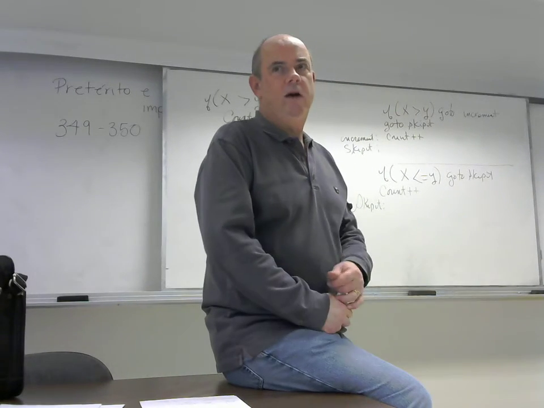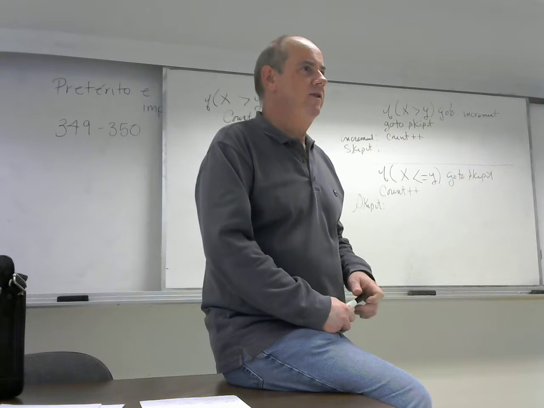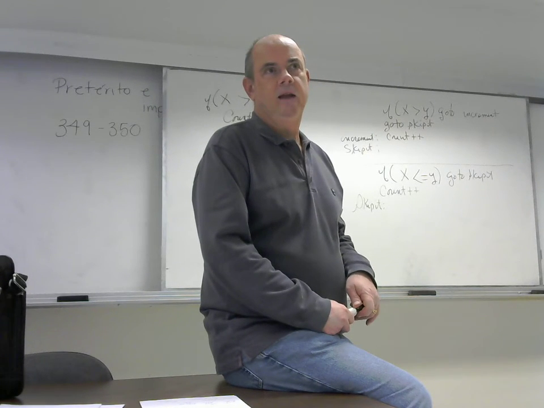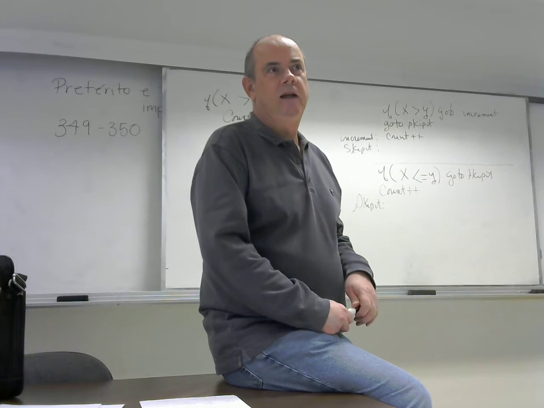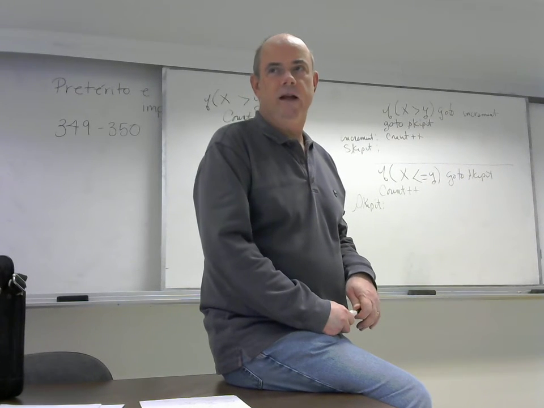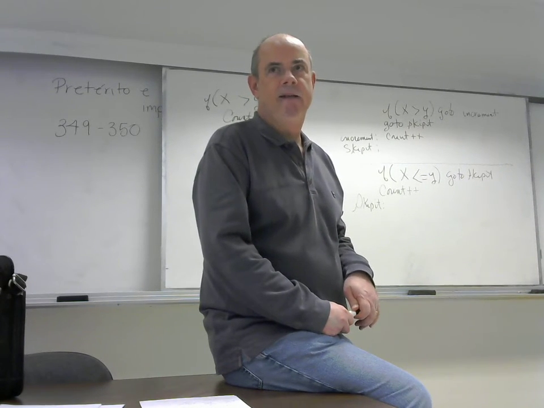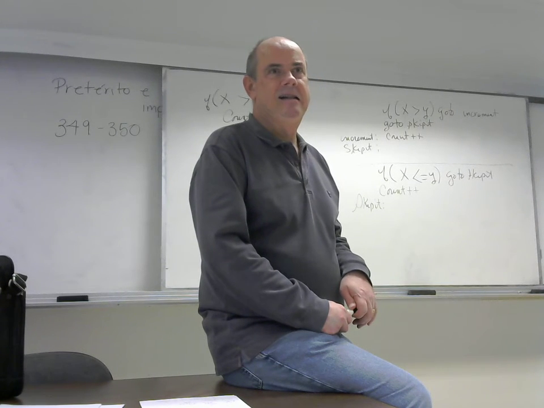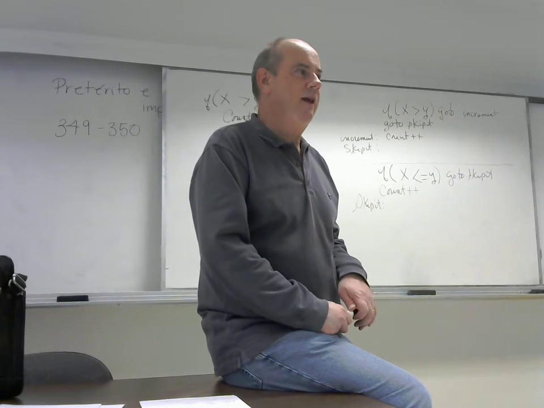Why does it matter? Why do you want to minimize the number of branches? Faster. Okay, well, what's wrong with branches? Jumping around in memory is not a good thing.